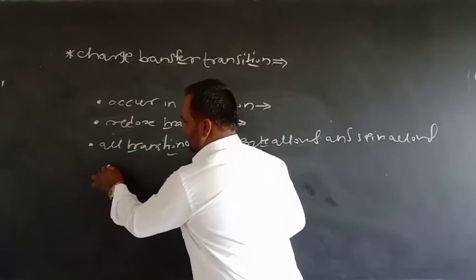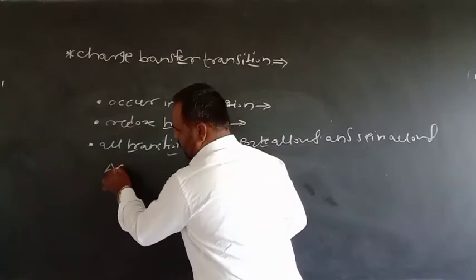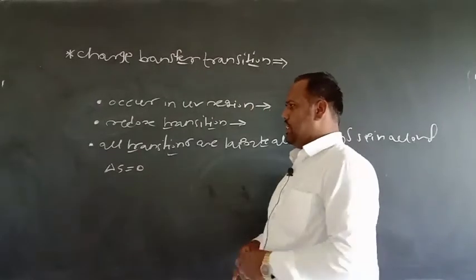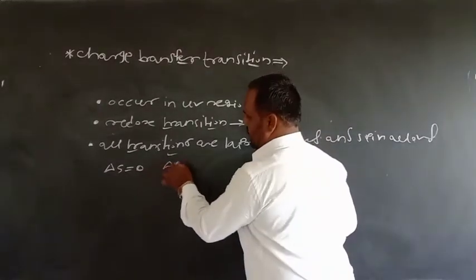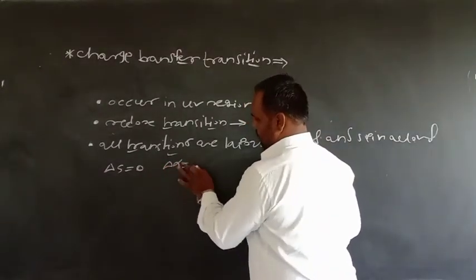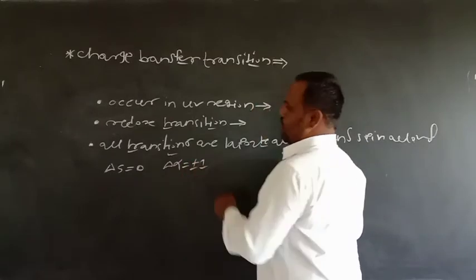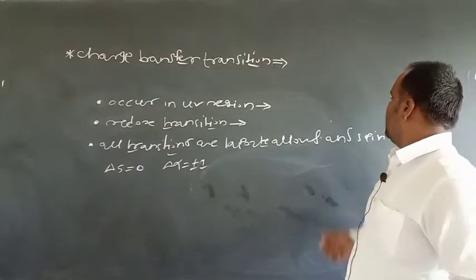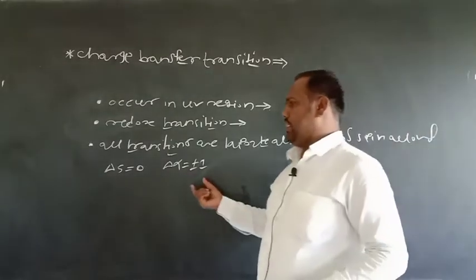For spin transition, the selection rule is delta S equal to 0 for an allowed transition, and for a Laporte allowed transition, delta L is equal to ±1. So, all these transitions follow the Laporte rule and the spin allowed selection rule.